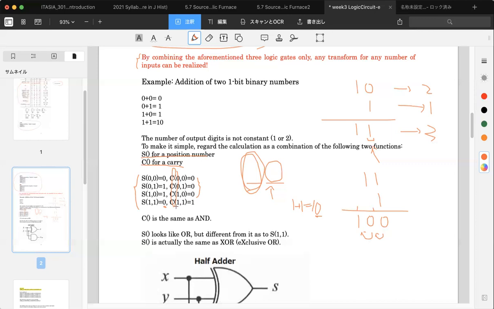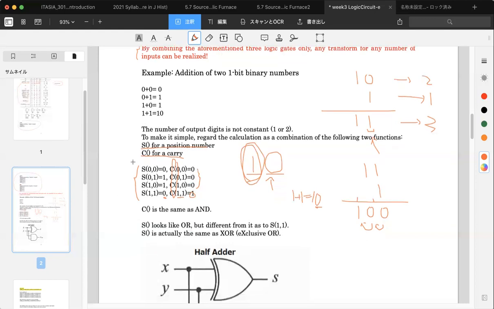But when it's 1 1, we add another digit. So in the case of 1 1, it becomes 1. So here is 1. Okay. That's how we operate the calculation system in binary.